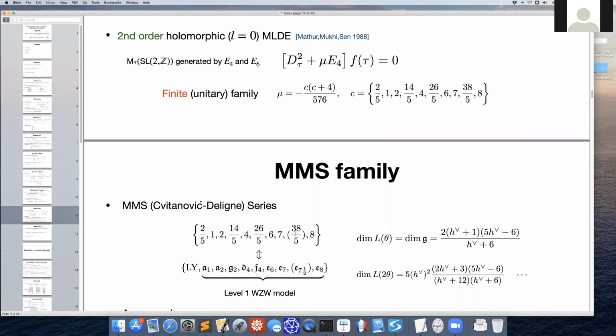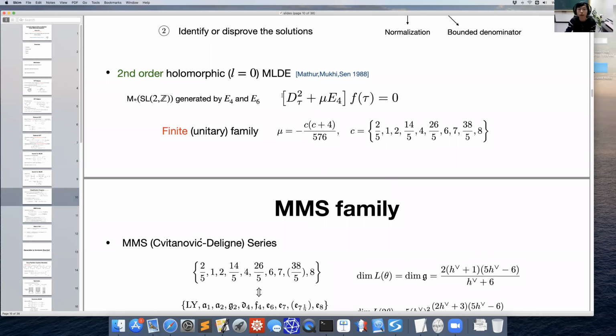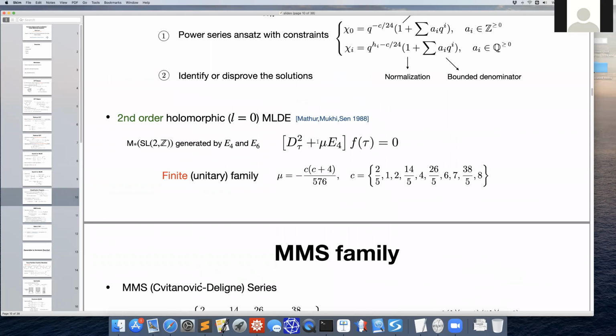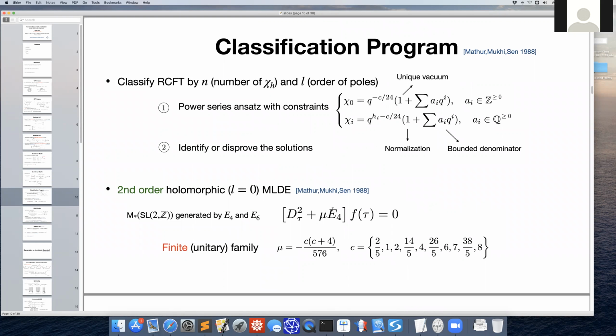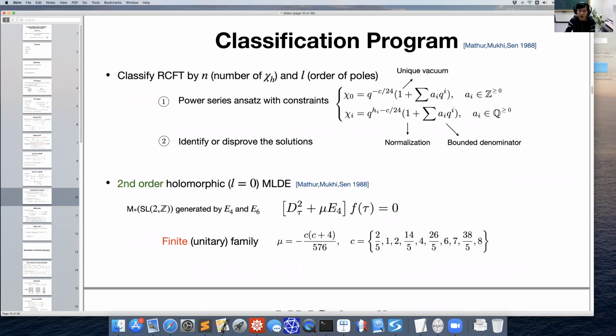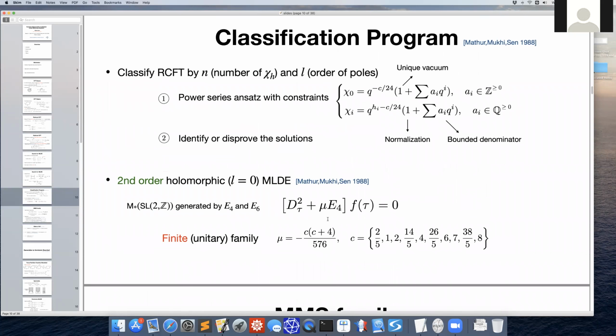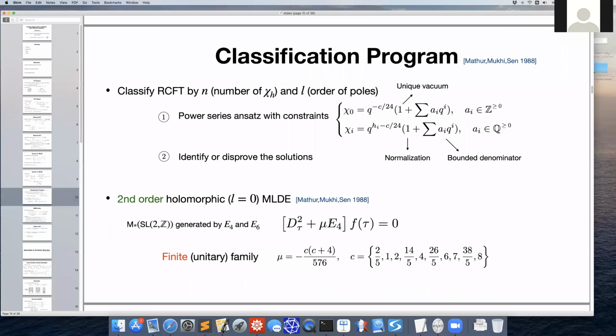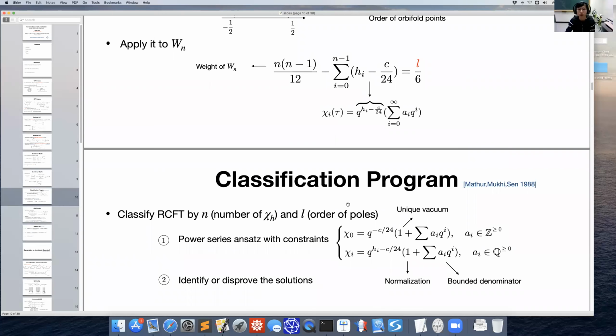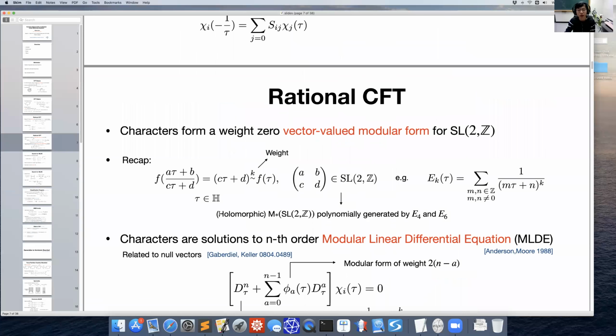I have one question. Sure. When you say second order holomorphic MLDE with L equals 0, E4 doesn't have a pole, right? It only has zeros. But the higher modular forms like E6 are all holomorphic? Yes, I emphasize that we're talking about holomorphic modular forms. They have zeros but no poles.